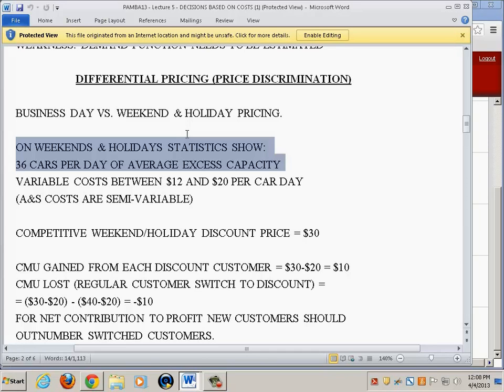Why? Because the fixed costs are there anyway, right? What are your fixed costs? Your fixed costs are the costs of leasing the building and the land, right? The $11 per car day.